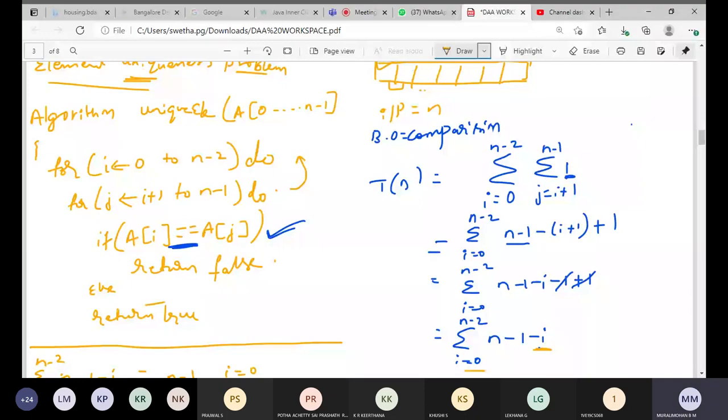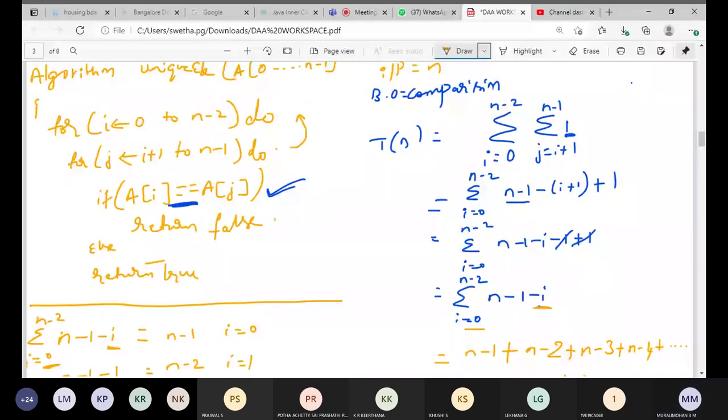Clear? So here you should learn how to build this summation formula. Once it is ready, then you can easily solve this one. Very simple. First, identify the input size.